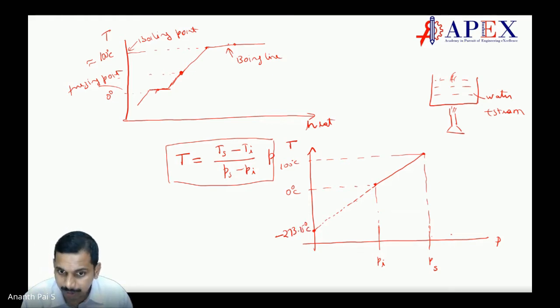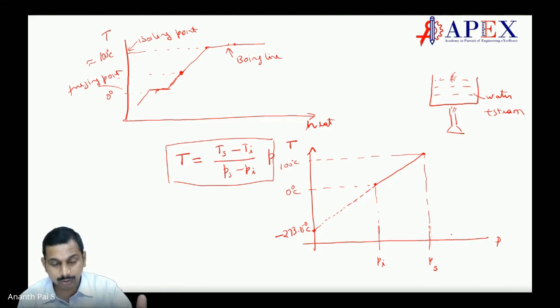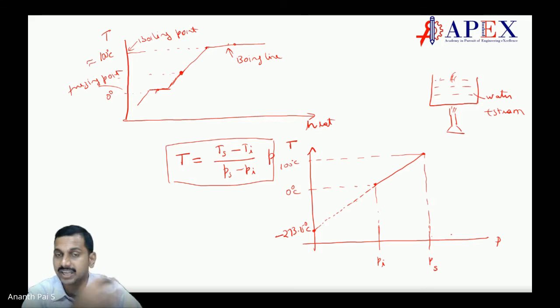And this particular point is the same whether we use hydrogen, oxygen, nitrogen, helium, any gas you use. That is the greatness of absolute temperature. This temperature is irrespective of the gas being used.